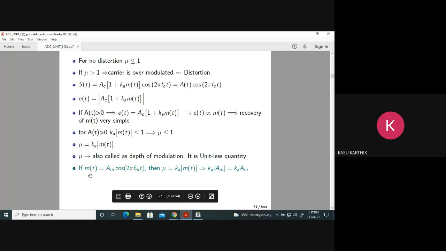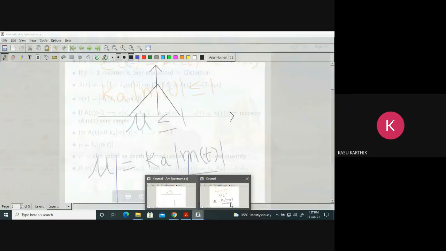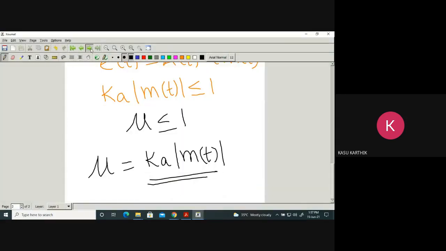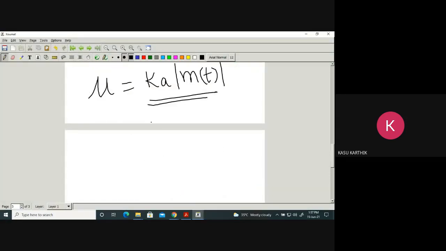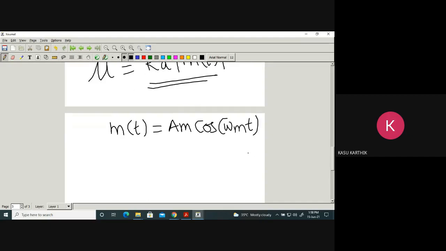If m of t is a single tone signal, some kind of sinusoidal signal, m of t equals Am cos omega m t, then what is the mod of m of t?